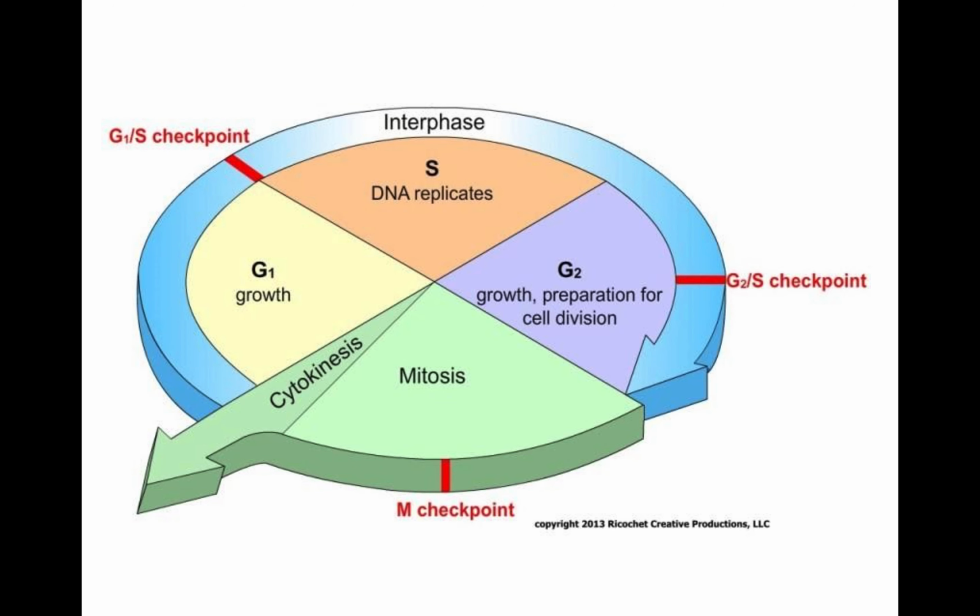So let's look back. This is in the green, which is where the nucleus divides. If these chromosomes aren't lined up correctly in the middle of the cell, or in the middle of the nucleus, and the microtubules aren't attached correctly, apoptosis will occur.